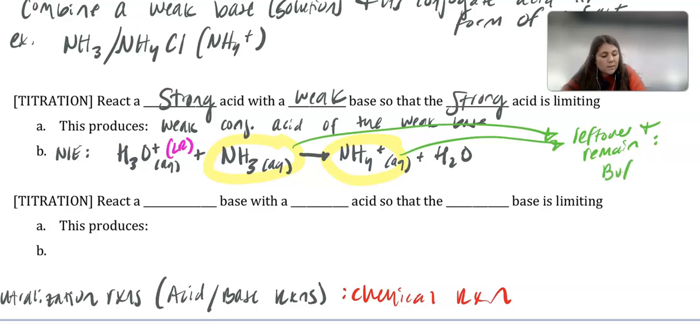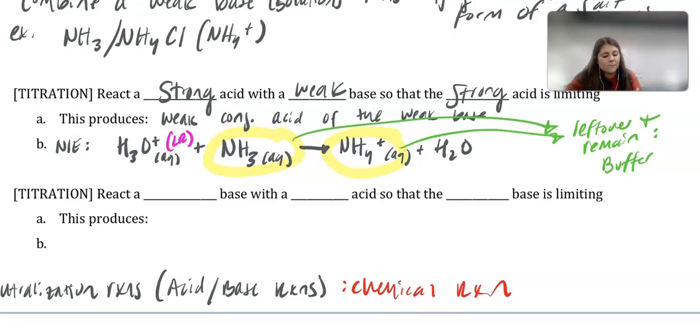So this will be considered a buffer. So here, having that hydronium react with the ammonia while still having some ammonia left over after the reaction occurs, you'll make some ammonium. You'll have both components of the buffer because remember, it has to be a weak thing and its conjugate. This would be considered a buffer.